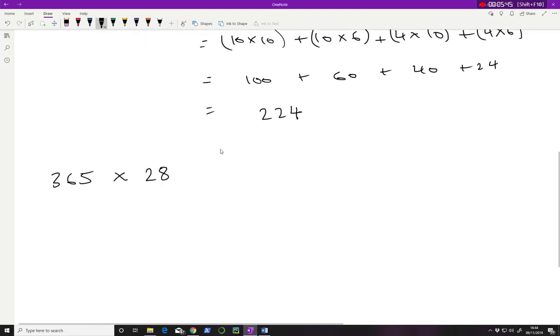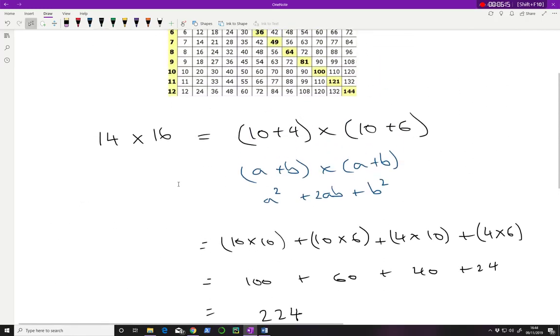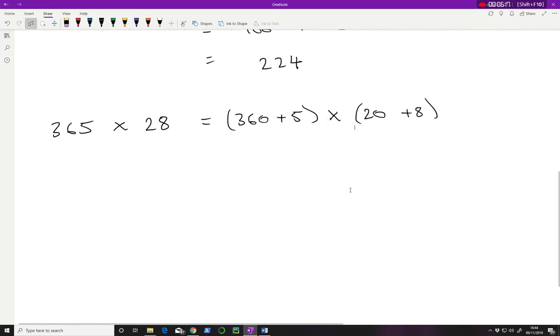What you really want to do is get something as a multiple of 10. We have two multiples of 10 here. We have 360, that's a multiple of 10, then plus 5. And we are multiplying that all by 20, which is a multiple of 10, plus 8. So I split the 28 into 20 and 8. And then we're going to do the same thing, multiplying out the brackets.